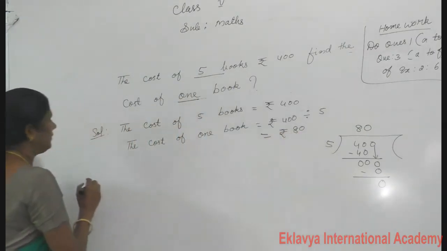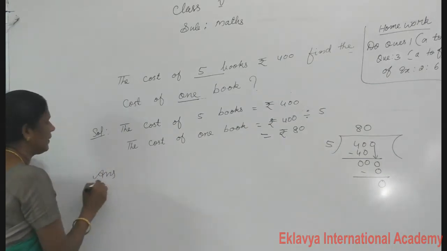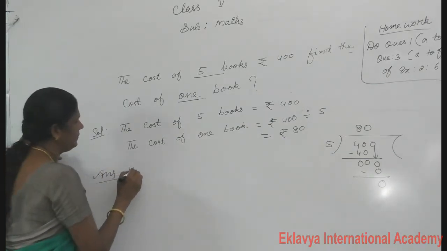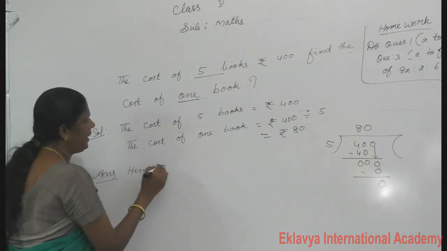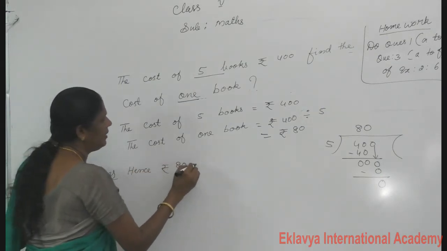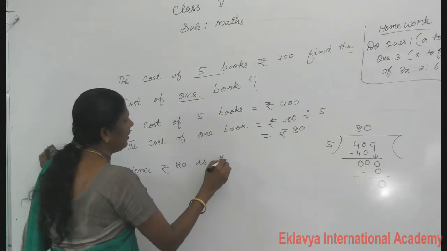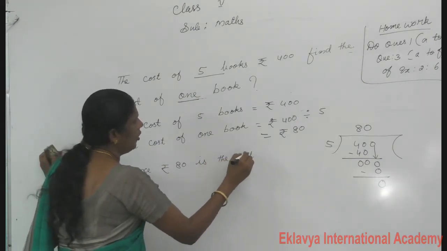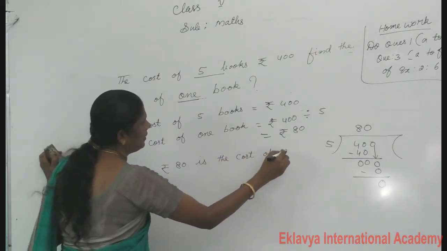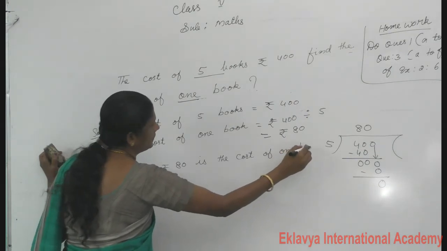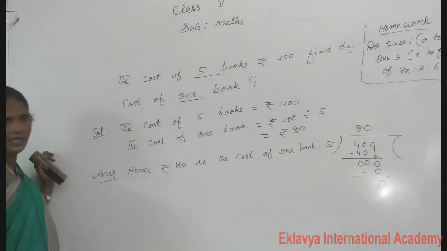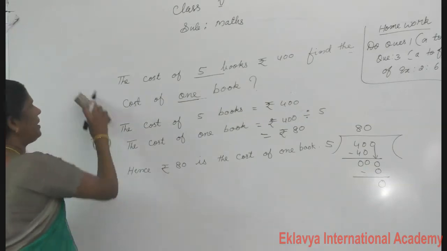Final answer. Hence rupees 80 is the cost of 1 book. Understand? One more question.